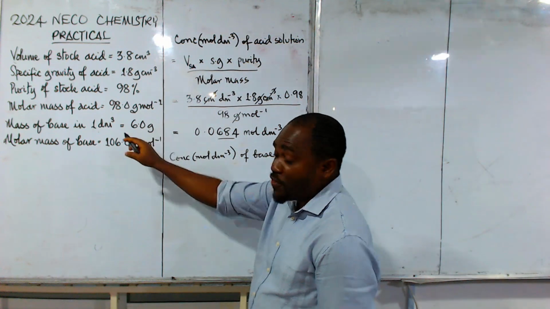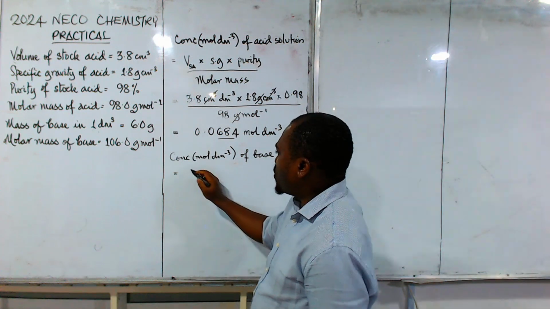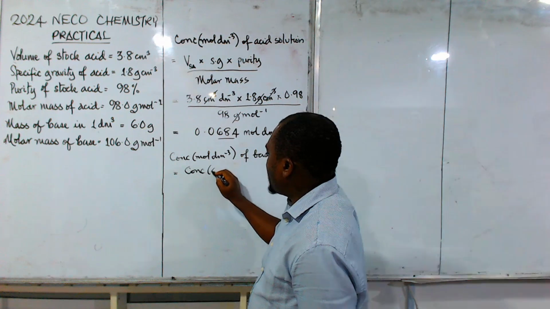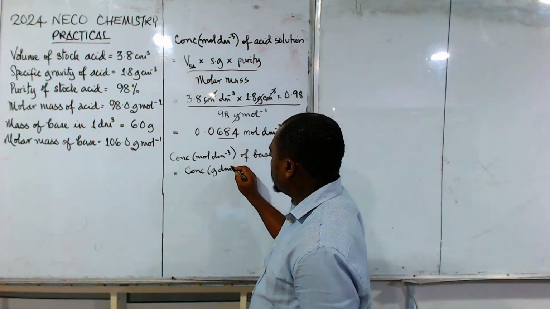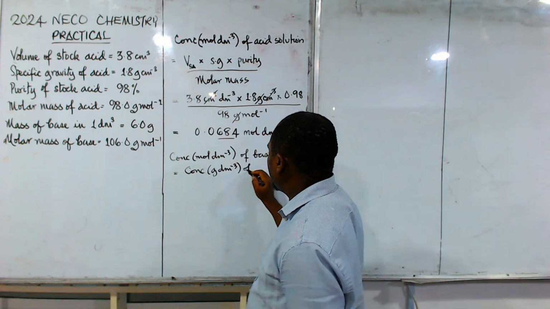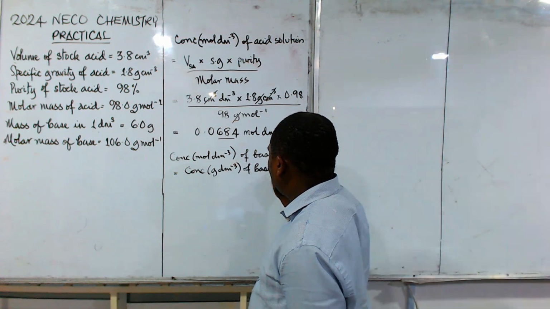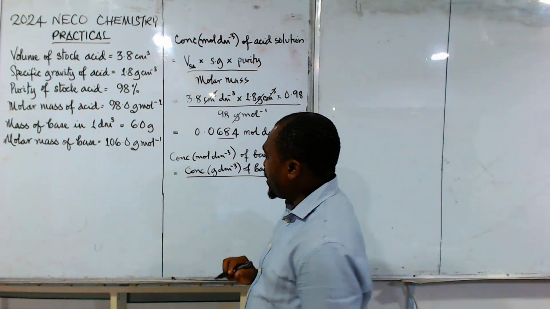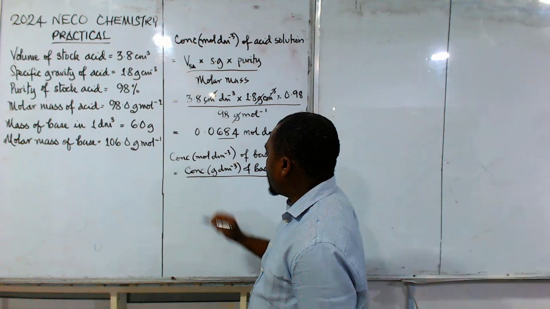This is the mass you are dissolving in 1 dm cube. So you use concentration in grams per dm cube of base, divided by the molar mass of the base.